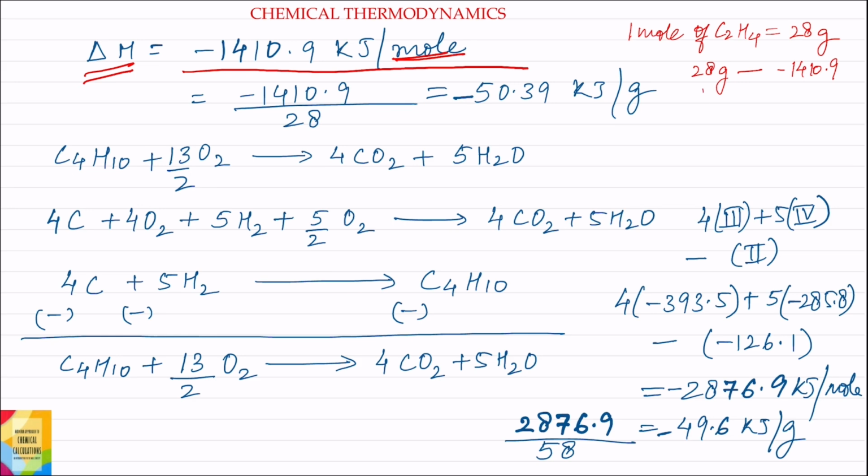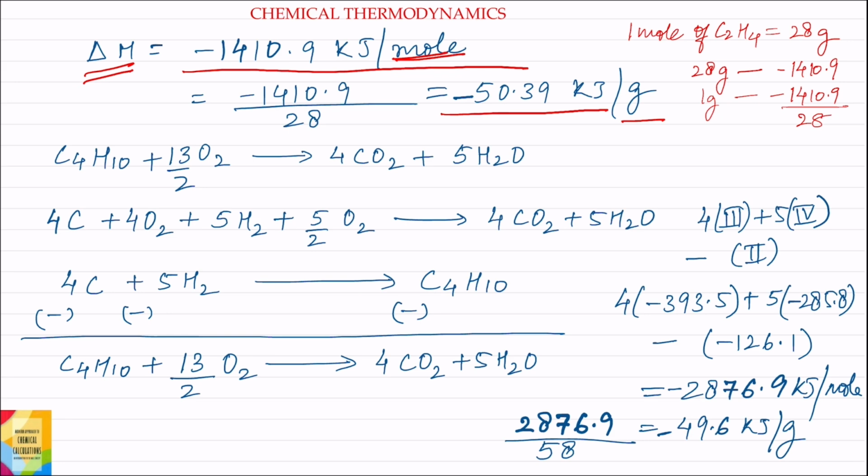So 1 gram of C2H4 will give minus 1410.9 divided by 28 which is equal to minus 50.39 kilojoules. So we can say that the fuel efficiency of C2H4 in kilojoules per gram is minus 50.39.